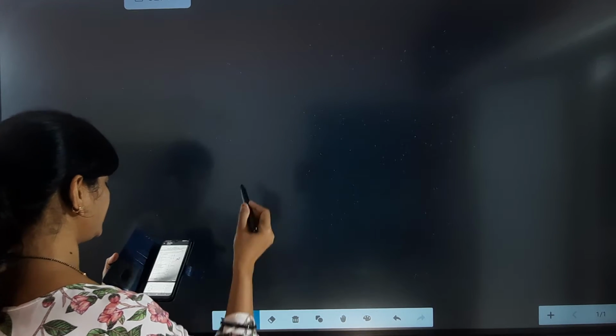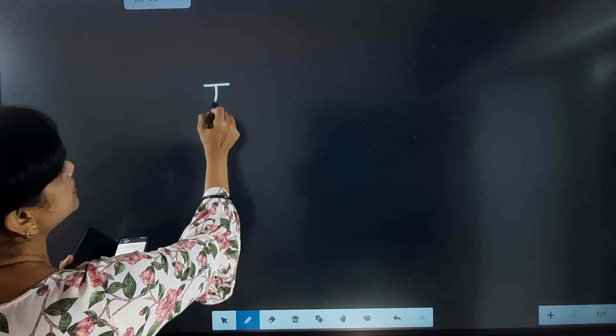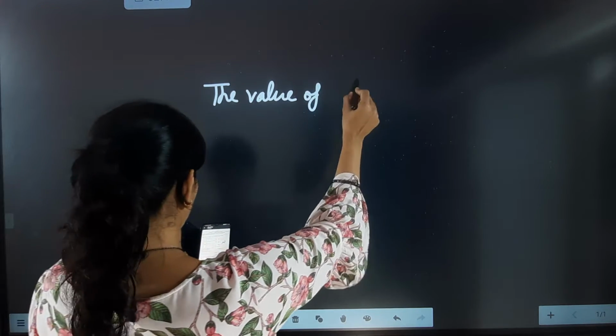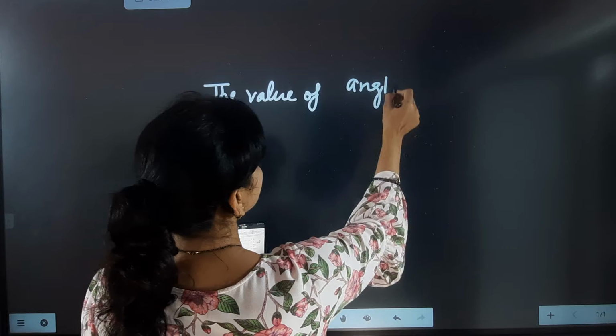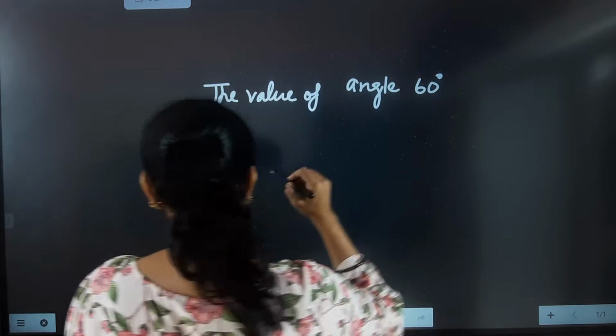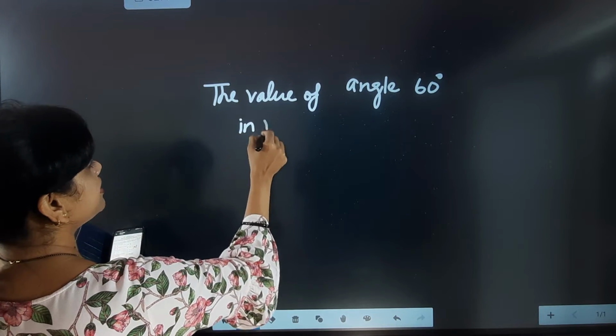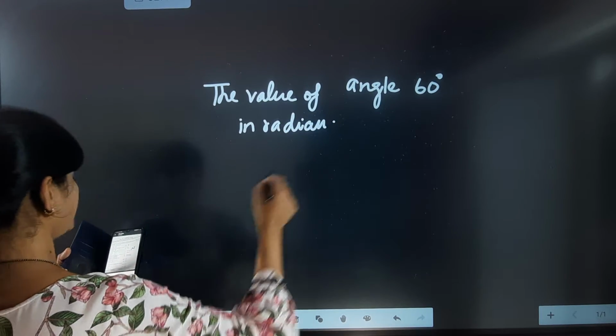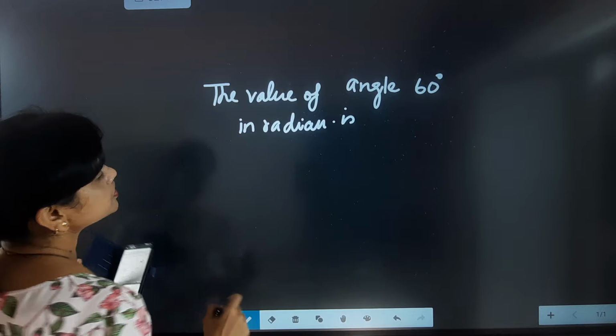Next question they are telling that the value of angle 60 degree in radian is, okay, so first we have to convert.